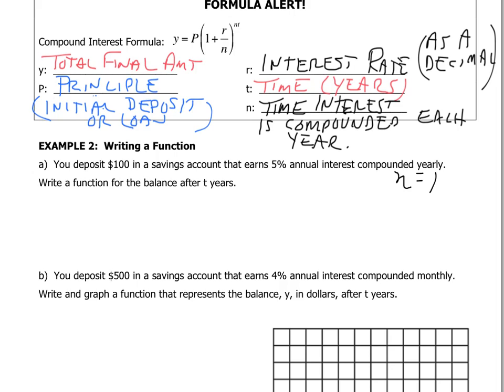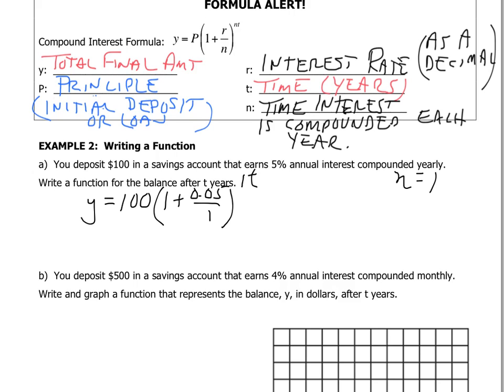As I look at this entire formula, y is going to be 100, so the principal is our $100 deposit. The 1 plus our rate, the rate is 5%, as a decimal is 0.05. We just said the N is a 1, so we would put that over 1, we would close it, and then we're going to be multiplying 1 again, the N times t.